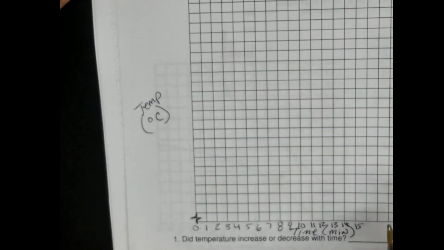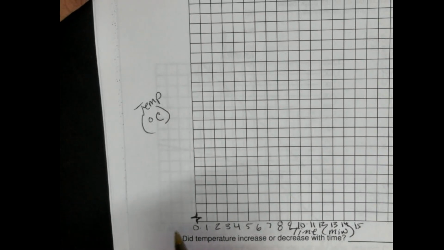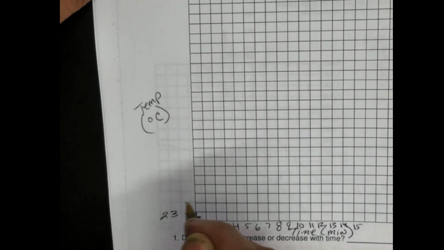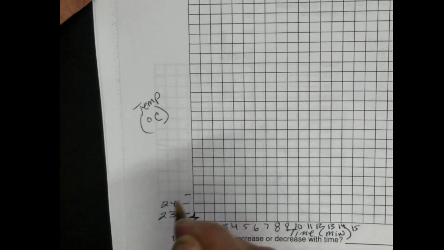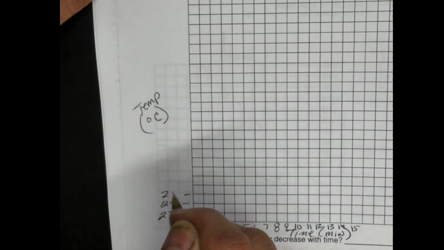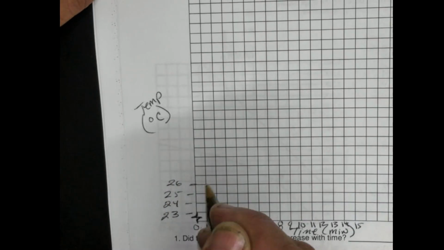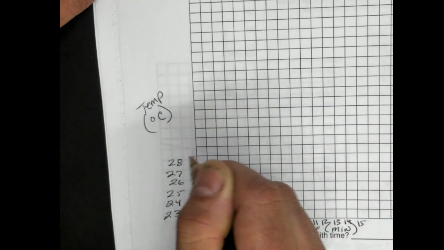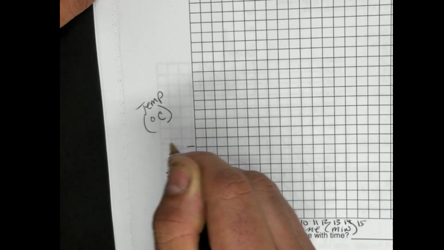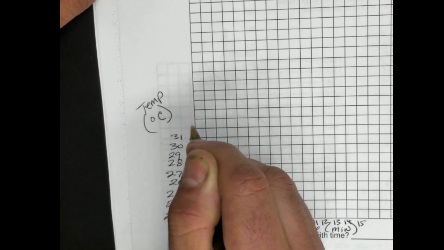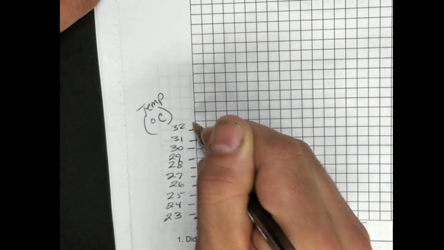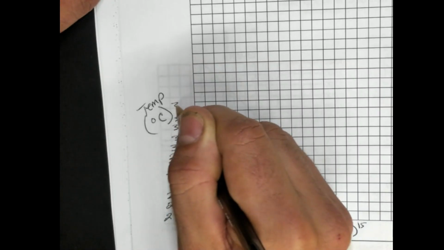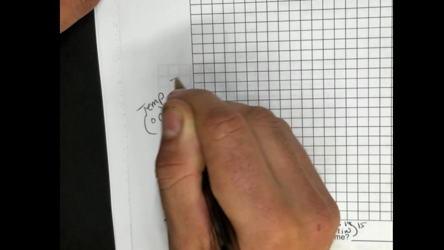So I'm going to start off with my lowest number, which is 23.0, which I'll say right here, 24, 25, 26, 27, 28, 29, 30, and you're just going to go up the whole way. 33, 34, 35, 36.